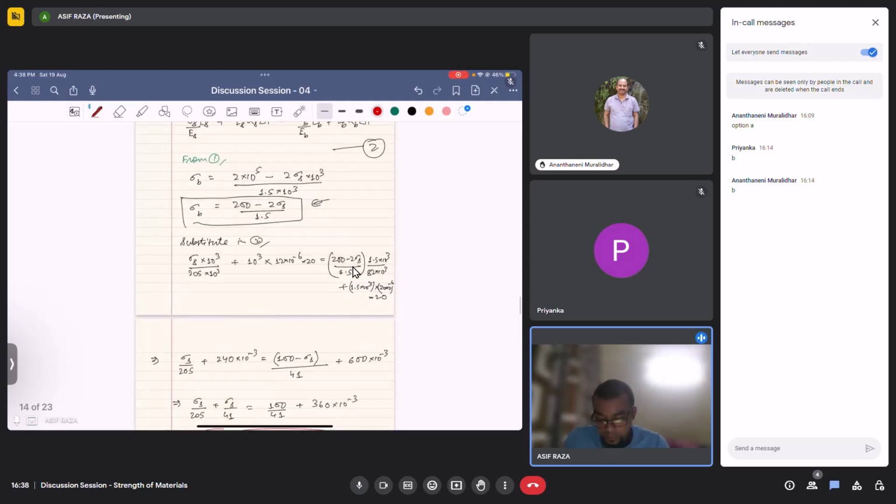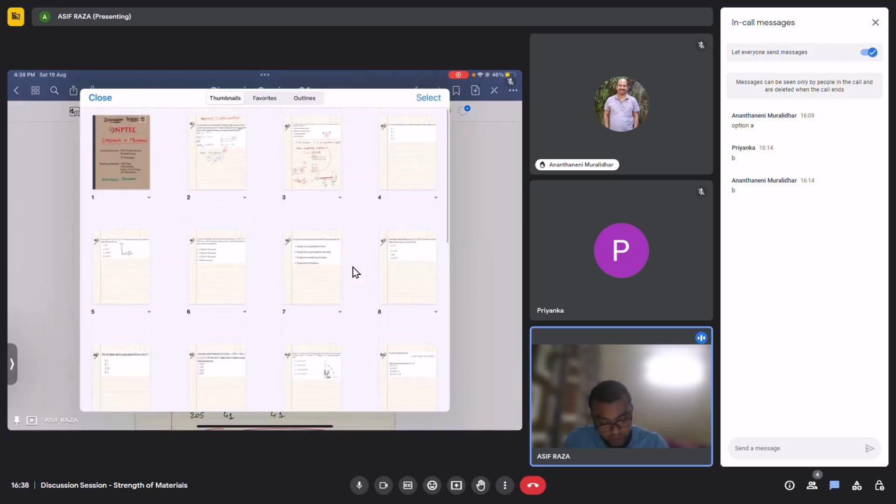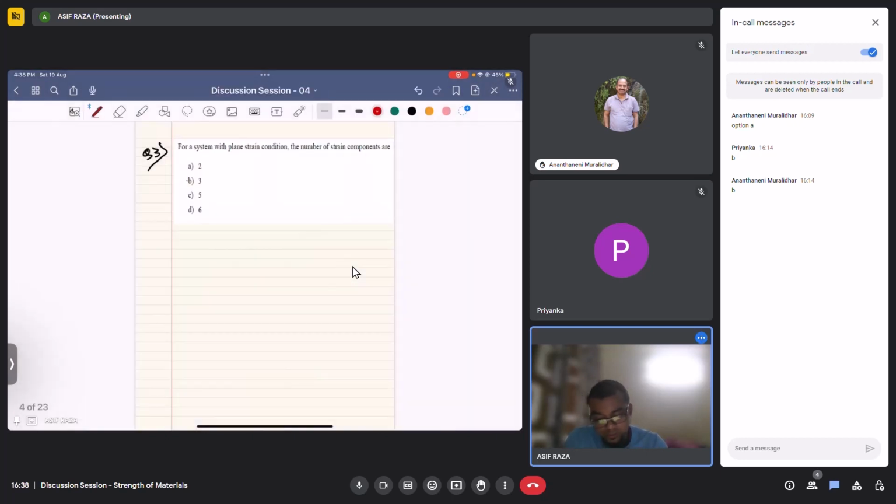So let's get back to the questions which we were discussing earlier. Question number 3 for today's session: for a system with plane strain condition, the number of strain components are, and the options are: option A is 2, option B is 3, option C is 5, option D is 6.